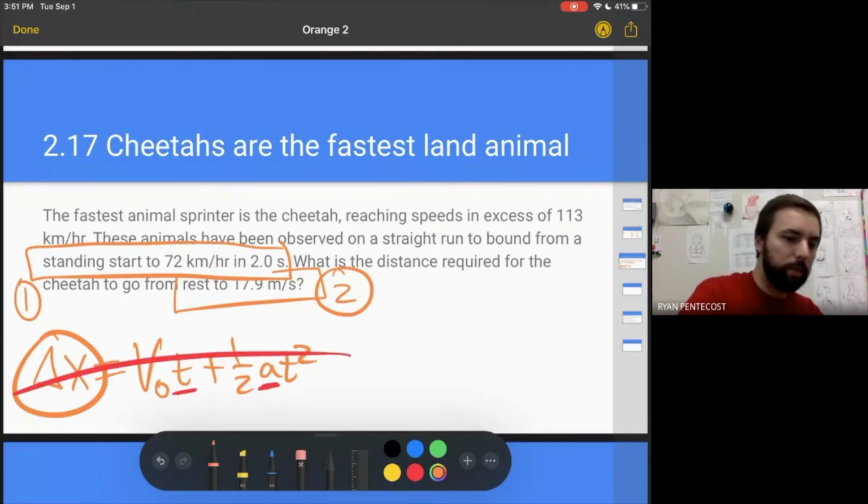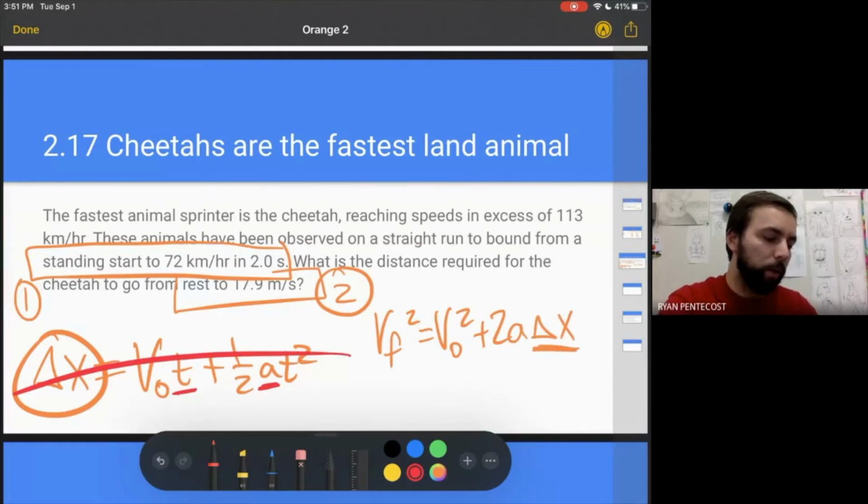All right, let's check the other one that has position in it. We have v final squared equals v naught squared plus 2a delta x. There is the position we're looking for, right? We know v final. The question wants to know rest to 17.9. So we've got v final, that's 17.9. Rest, again, we don't have acceleration.